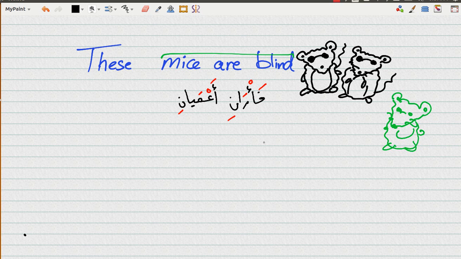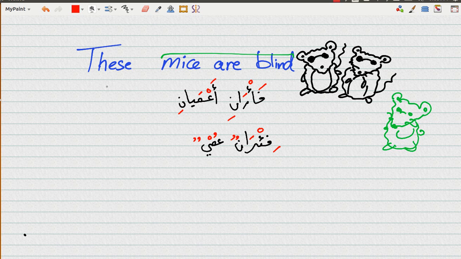There are three, it would be فئران عمي. فأراني أعمياني. Two mice are blind. فئران عمي. More than two mice are blind. Okay, so the word two or number there is not really there, it's just implicit in the word.